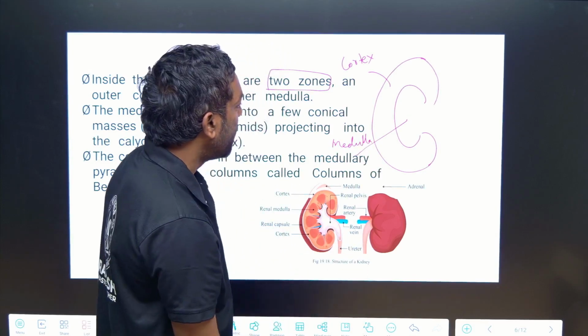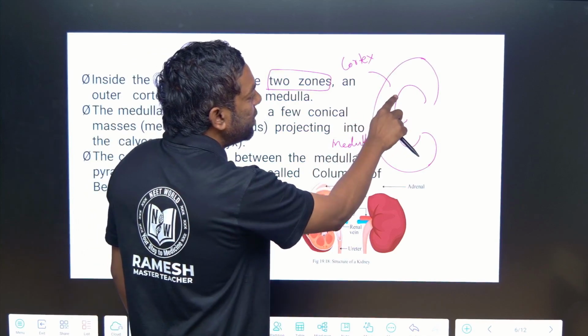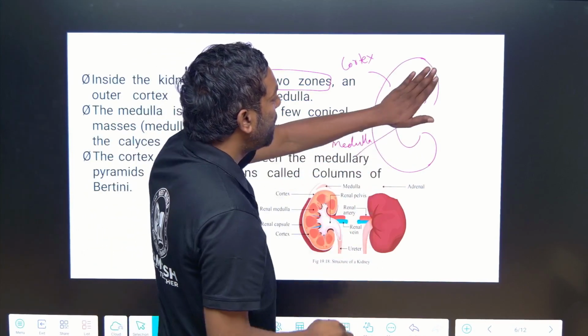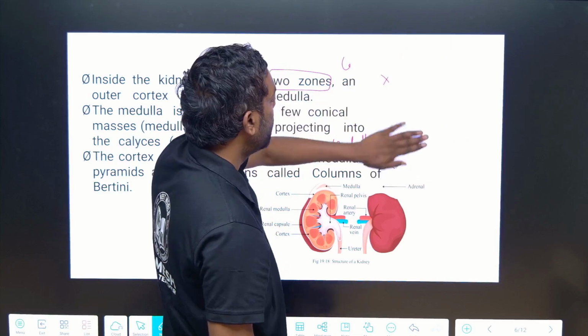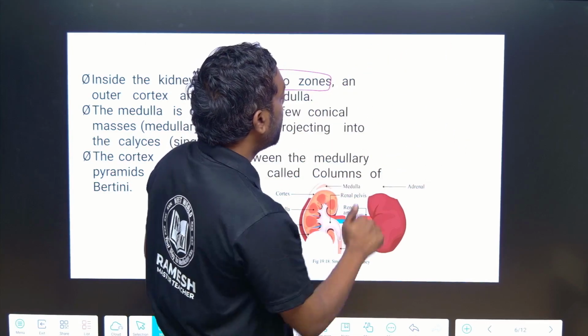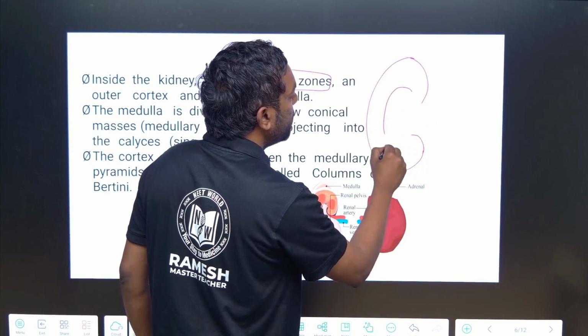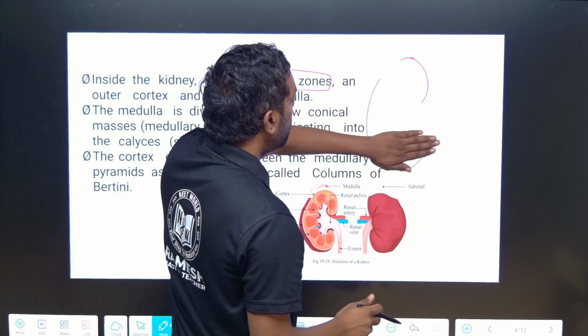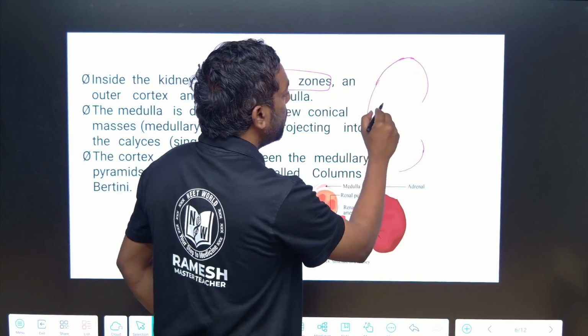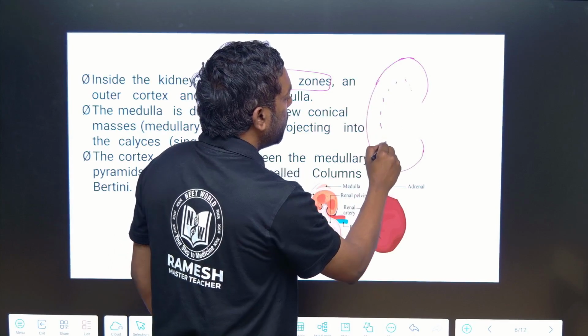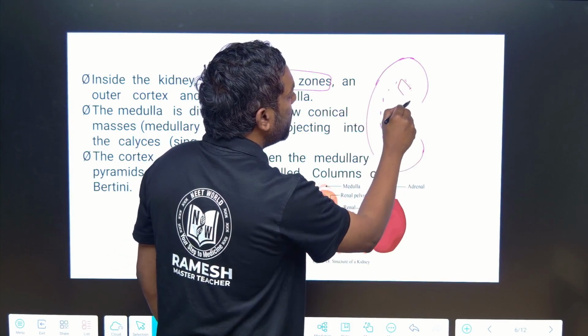The medulla part has certain pyramids called medullary pyramids. The cortex region and the medullary region. Medullary pyramids are there.